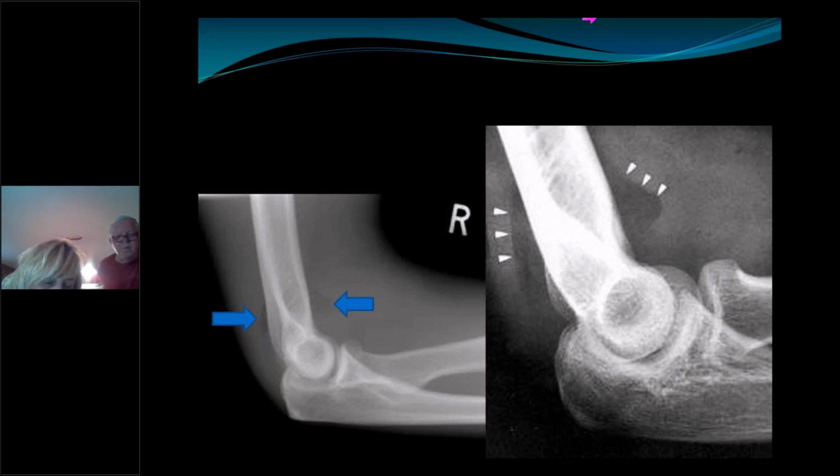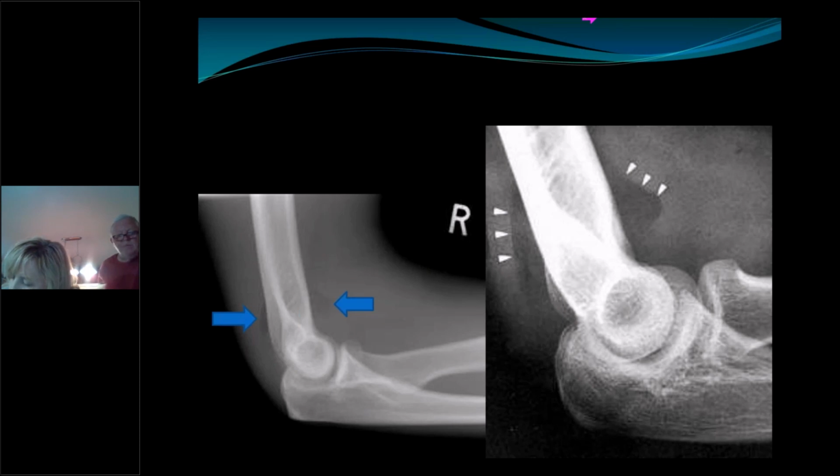In kids, and again, I'm not a kid provider, but in kids, if they have a positive fat pad sign and the x-ray looks okay, you still treat it as though it's broken because some kids will have what they call a supracondylar fracture, and that's a fracture that occurs above the condyles, up in the supracondylar region, and that can actually lead to growth discrepancy in the distal humerus.